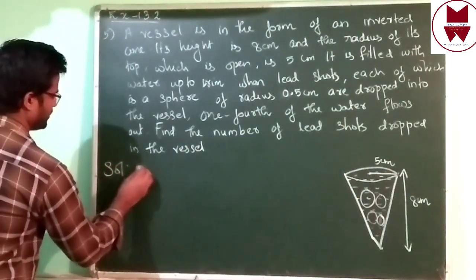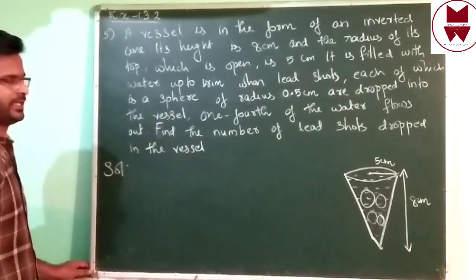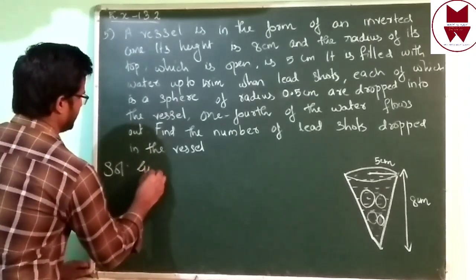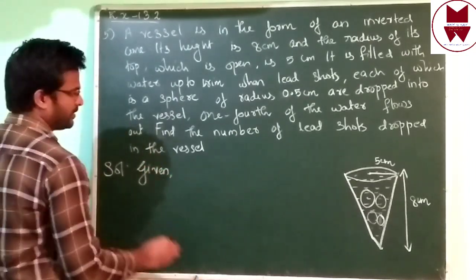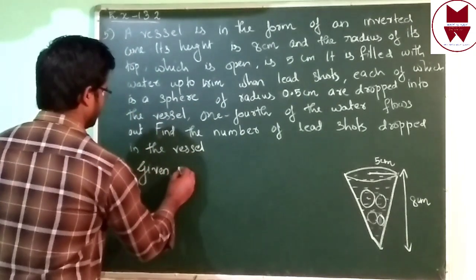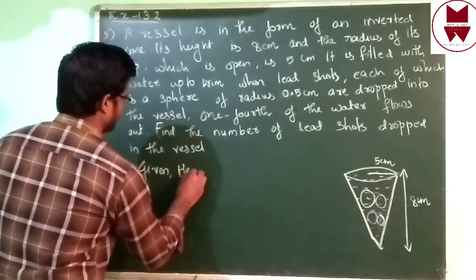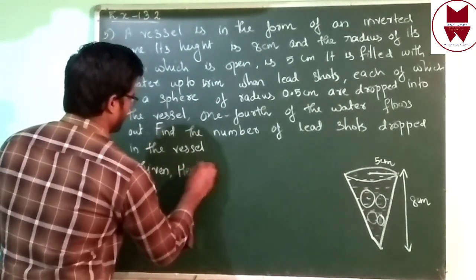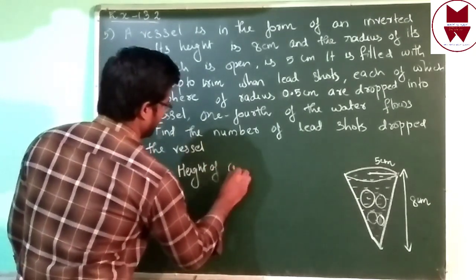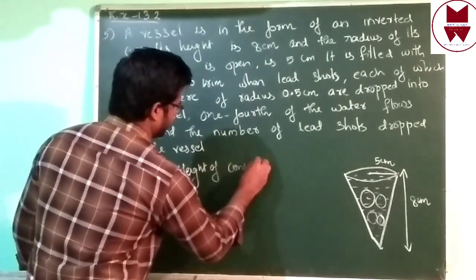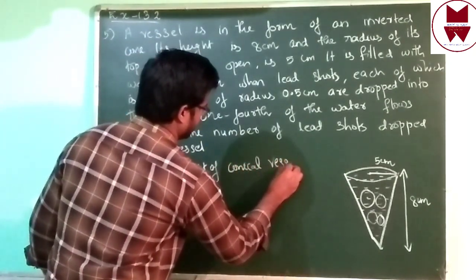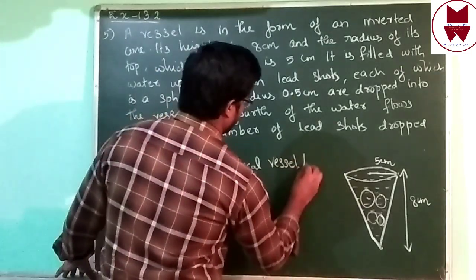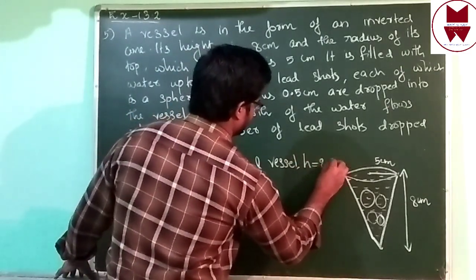Solution. First, what are the things given? Height of the conical vessel, we can take h equal to 8 centimeter.